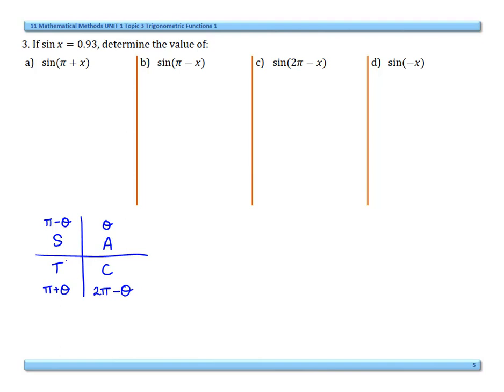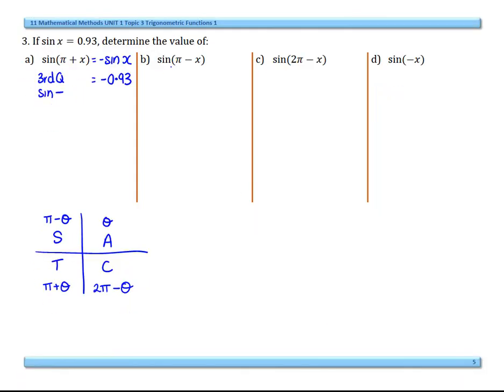So pi plus theta or pi plus x, we are in our third quadrant, which means sine is negative. So I can rewrite this as negative sine of x. Sine of x is 0.93, so negative sine of x is negative 0.93.